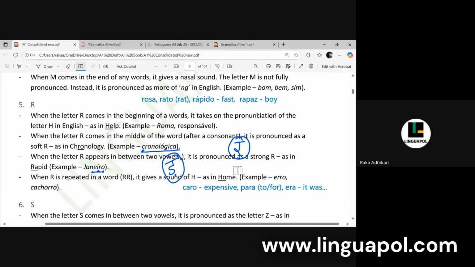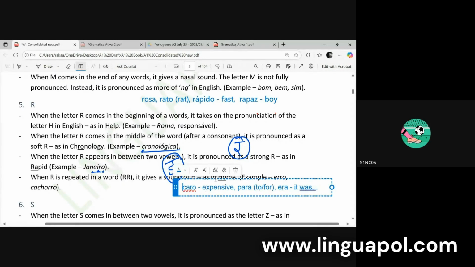Now one thing about this word caro. Caro means expensive. So what is the word for car in Portuguese? Anybody knows? Carro. Yes, carro. So what is the difference in the spelling of these two words?